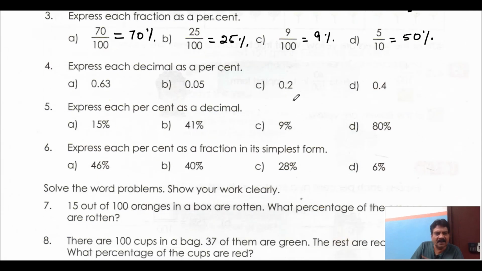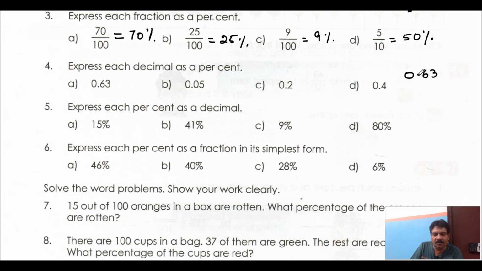Let's come back to the next one, that is express each decimal as a percent. Now here decimals are given, and you have to find the percent. Simple, as I told you in the beginning, right? Check the place value first. So here, 0.63. The place of the point is very important.